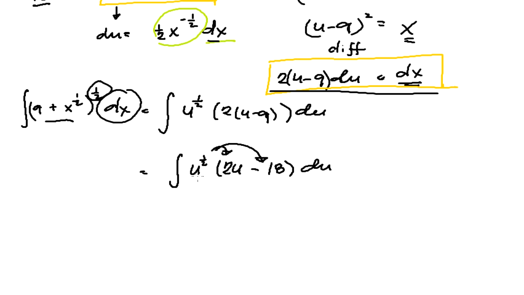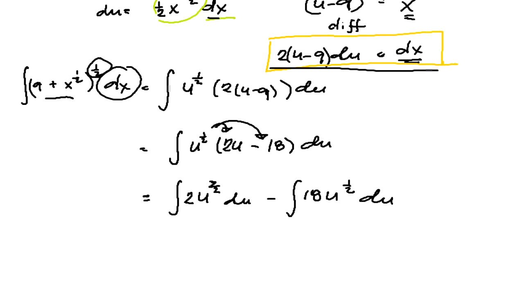Then you can now multiply the u raised to 1/2 to our terms, so that our integrand will now become 2 u to the 1/2 times u. We have 1 plus 1/2, we have 3 halves, right? And minus the integral of 18 u to the 1/2 du.